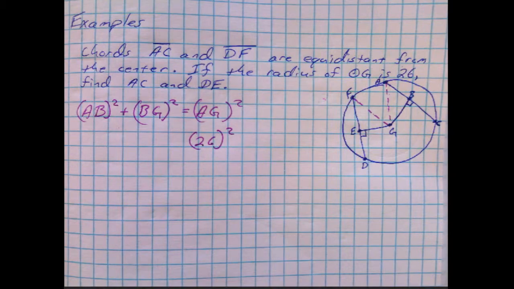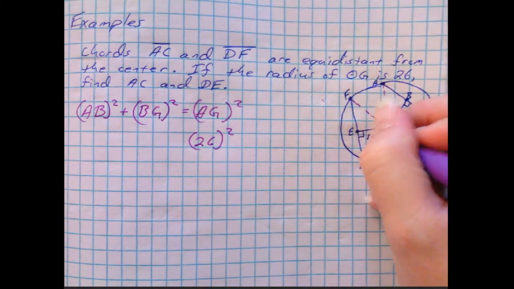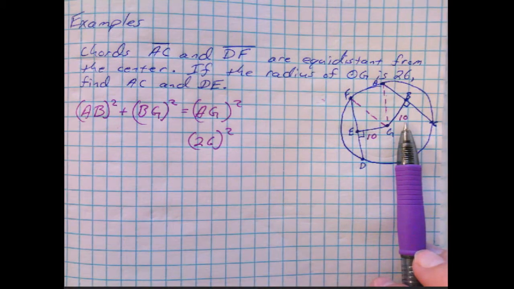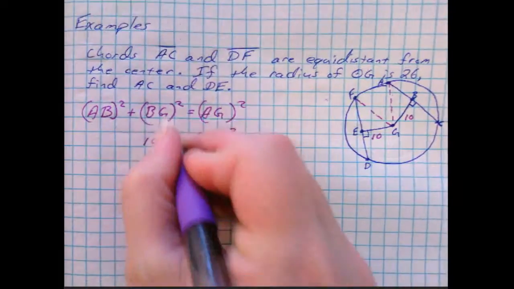And then other information that we know, I apologize, I didn't label these on here, but they are equidistant from the center. They are actually 10 units from the center, so we're going to plug that in for BG. So this is 10 squared.